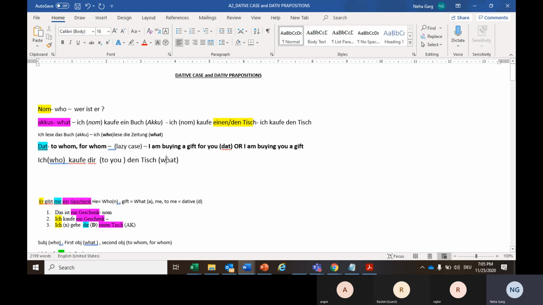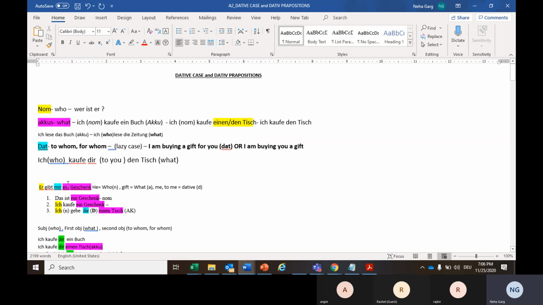And for whom or to whom am I buying the table? Dir. Dir is you in dative. How these pronouns get impacted in dative, we'll work on that. So dir is a dative case basically of du. So ich kaufe dir, to you I am buying a table, or for you I am buying a table. So you is a dative case here.